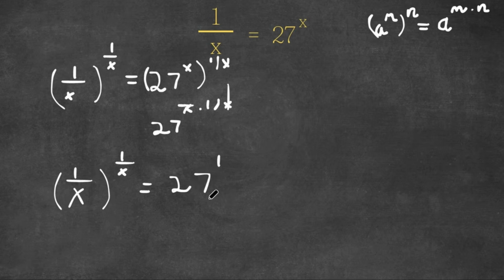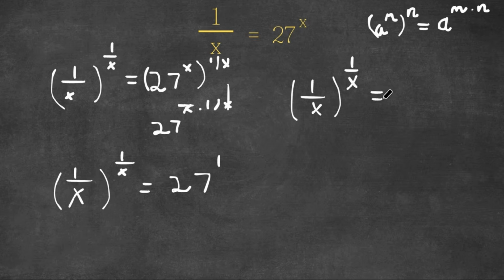Now 27 is the same thing as 3 to the power of 3. So now we have (1 over x) to the power of 1 over x is equal to 3 to the power of 3.